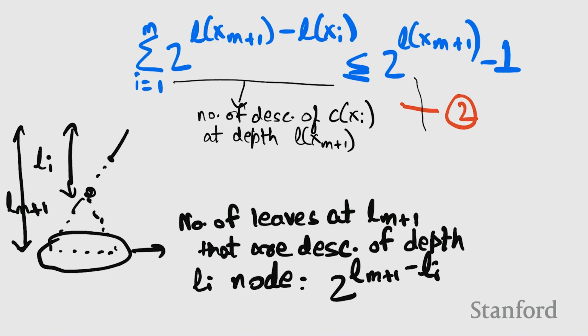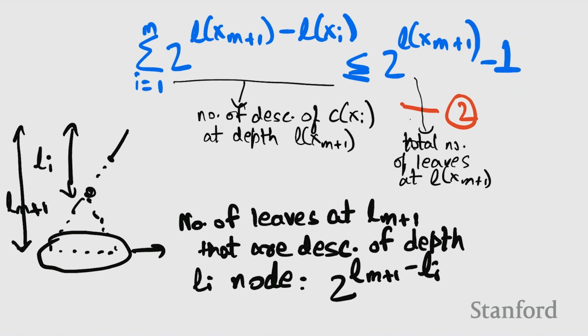What is this term? This term is the total number of leaves at lxm plus 1. So what we are saying is, if you take all the leaves you have already added, you extend each of them to depth lx plus m plus 1, you see that there is still at least one node left.